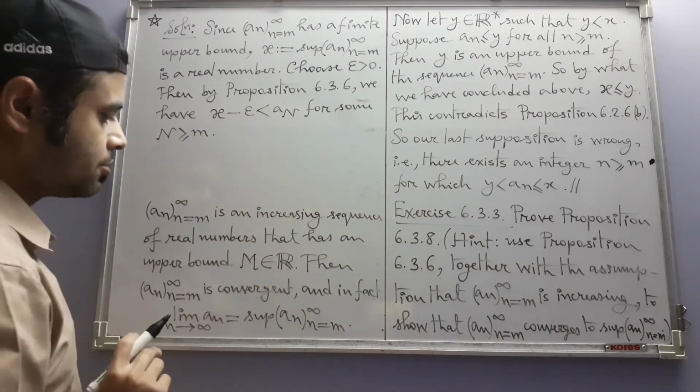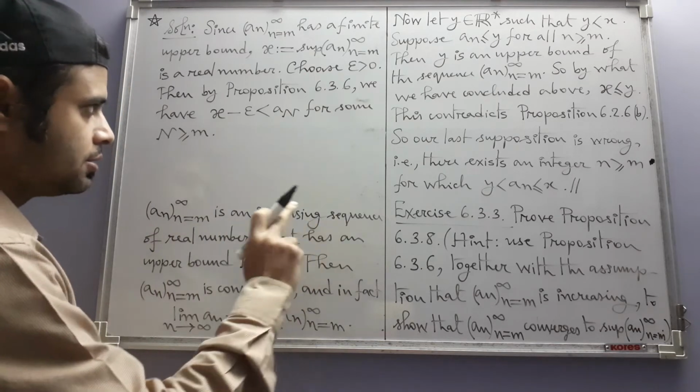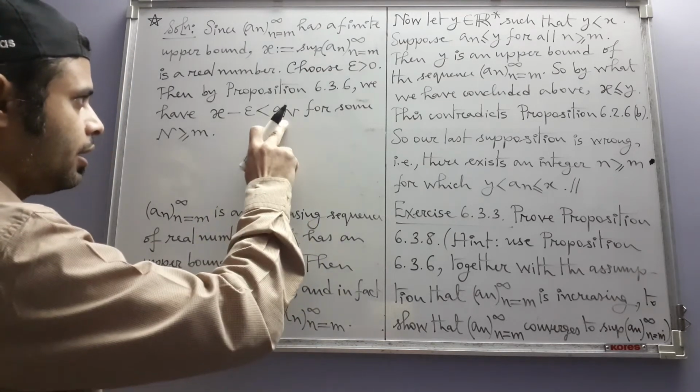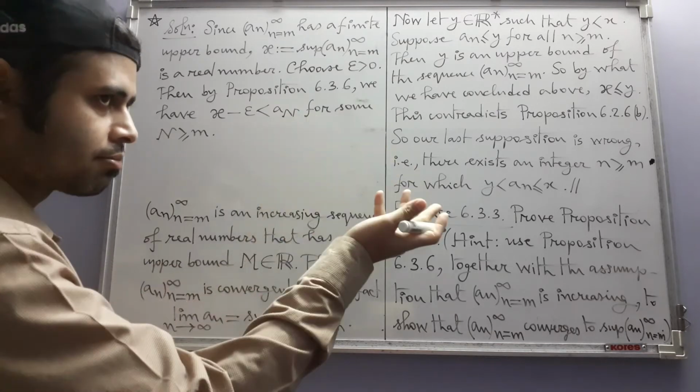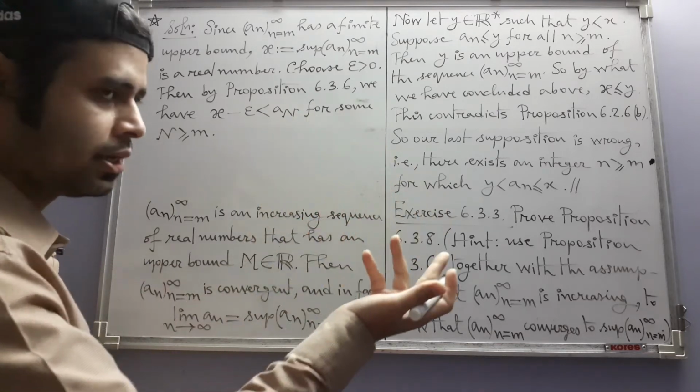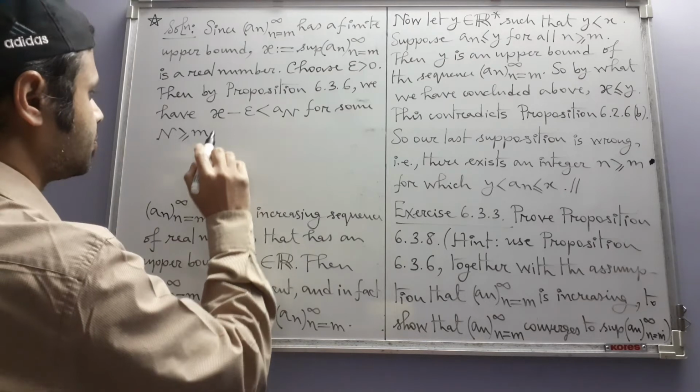Okay, now we use the fact that the sequence is increasing. So a_n will be less than or equal to a_(n+1), which will be less than or equal to a_(n+2), and so on.